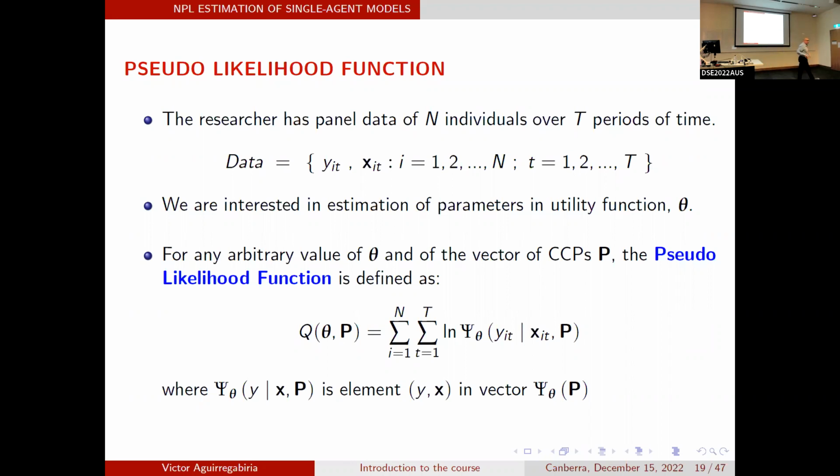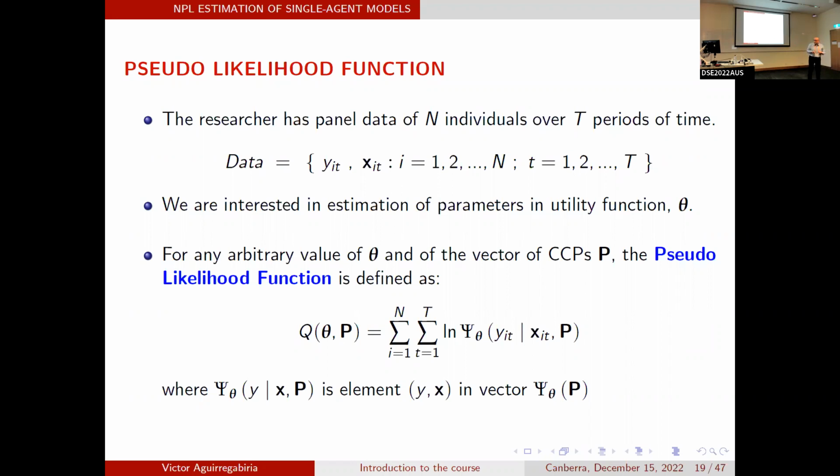And these beliefs can be represented by the vector of probabilities P. That is, we have two sets of structural parameters in this model: the structural parameters in the utility, theta, and the structural parameters in the beliefs that an agent has about how they will behave in the future. These new structural parameters are P.